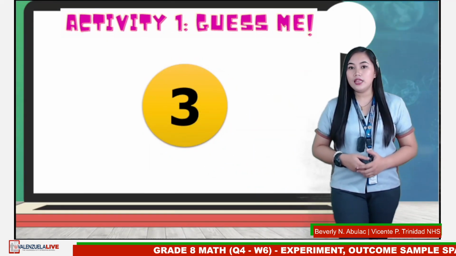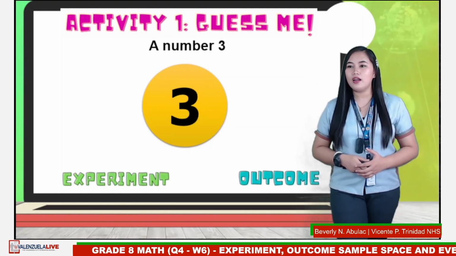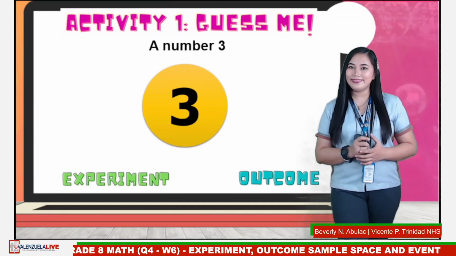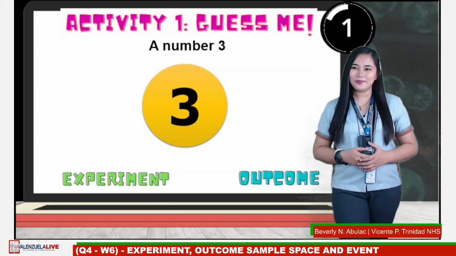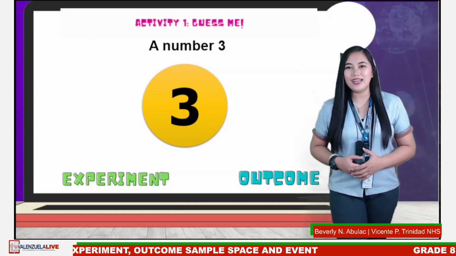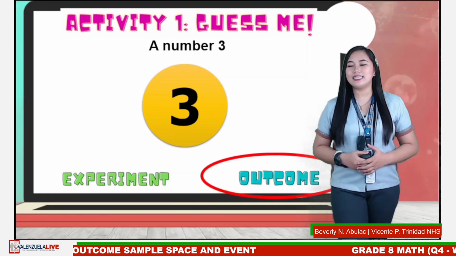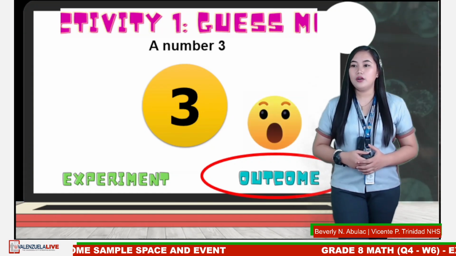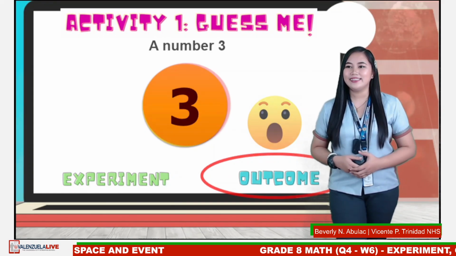Next one, number 5. Is it an experiment or an outcome? Time's up. Are you done pressing the correct react button? Good job! The answer is outcome. Therefore, you should be able to press the wow react button.